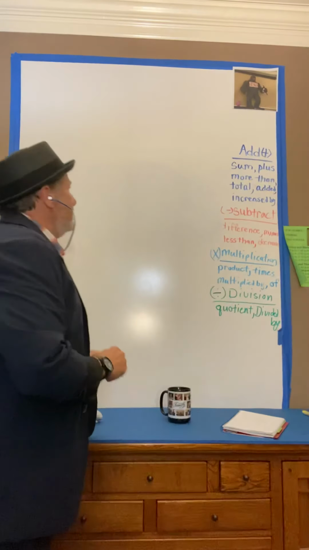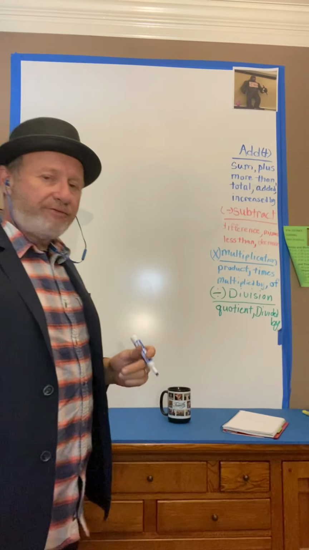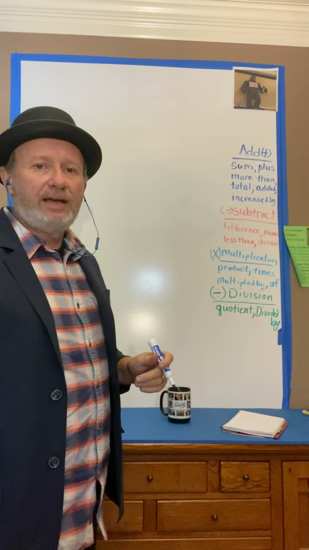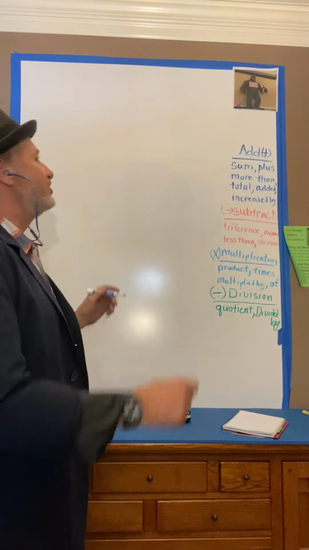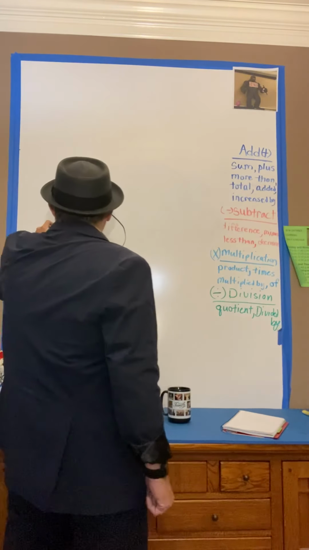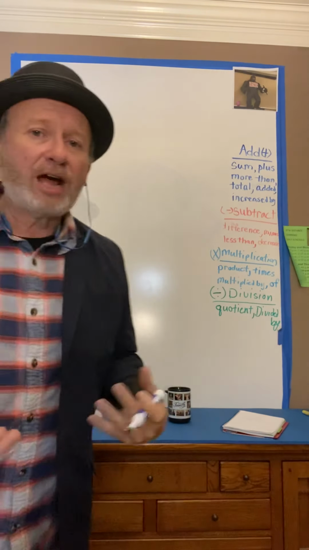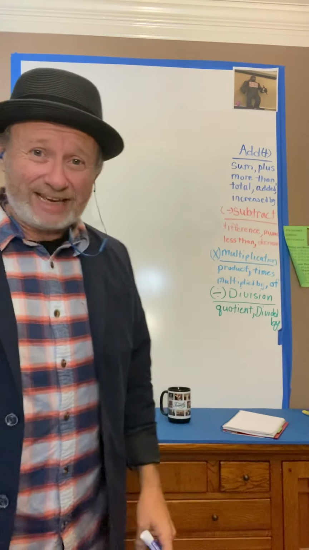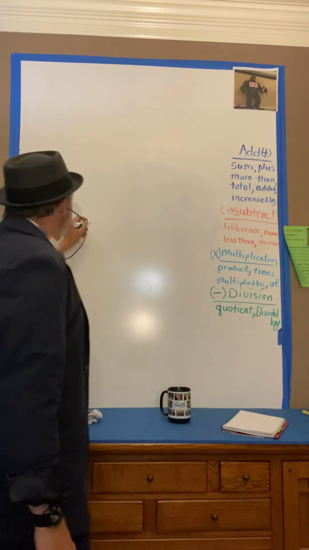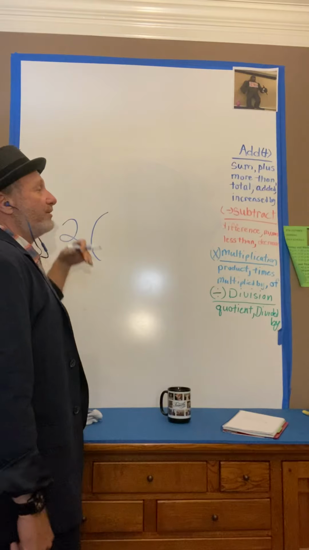What if I said twice the sum of 3 and x? Well, first of all, I know I've got twice. Now, how would I write the sum of 3 and x?